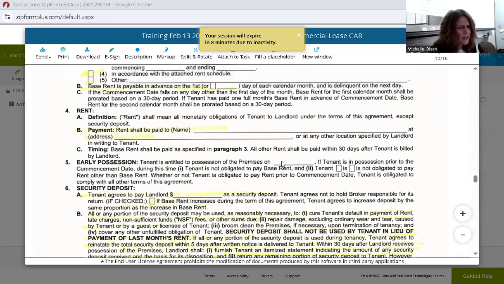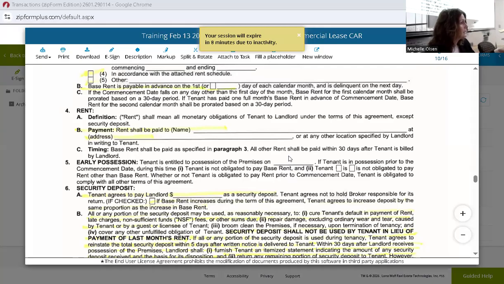Unless it's a few days, most of the people we work with, I work with Shumei, we don't have early possession unless it's just a few days. If they have early possession, do not give them keys until you have their certificate of liability insurance, and you've already provided it to the lessor and they have approved that certificate.